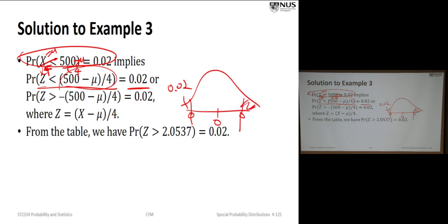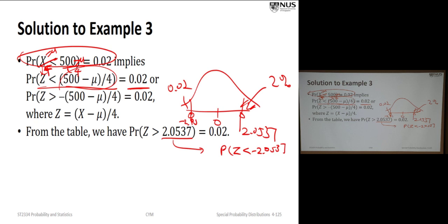I work out this number, 2.0537, greater than it is 2%. Because it's symmetric for standard normal, it's symmetric about 0. So this also says that probability of z less than minus 2.0537 is also equal to 2%.